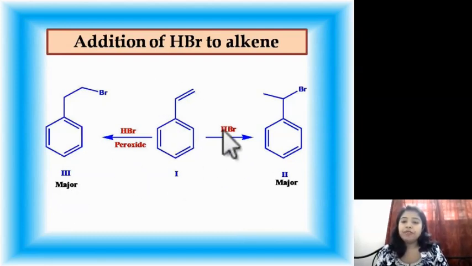If I add the HBr, there will be the anti-Markovnikov rule in case of peroxide, and in case of the Markovnikov rule, bromine will be attached to the more substituted carbon. Now these two reactions involve one as a major product, and it is obtained with 100% yield, and so it is referred to as a regiospecific reaction.